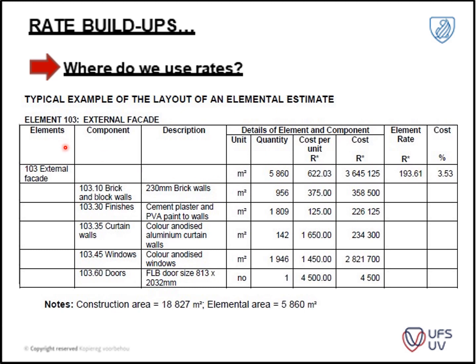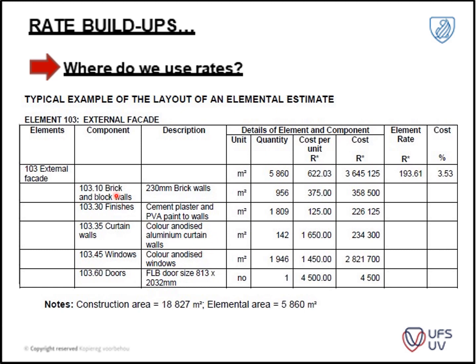You go to your elemental guide and you look at the specific item that you want to conduct a rate build-up for. For instance, your external facade: in your elemental guideline, it stipulates the different components that you have to have, and then you've got your description of the specific component.